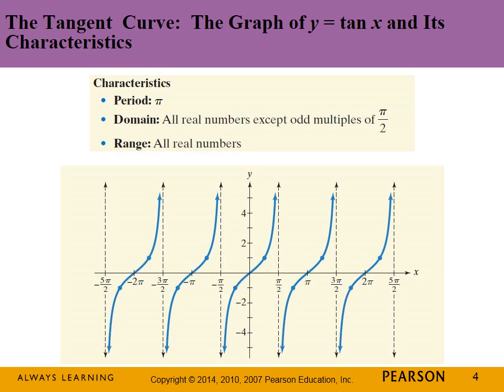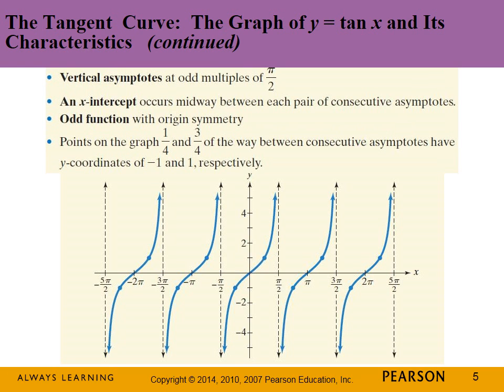If you pick any y value, you can find actually an infinite number of points on this graph that have that y value. More characteristics: you have vertical asymptotes at all of those values where the function is undefined, odd multiples of pi over 2. You have x-intercepts midway between each pair of consecutive asymptotes, and that would be at multiples of pi.